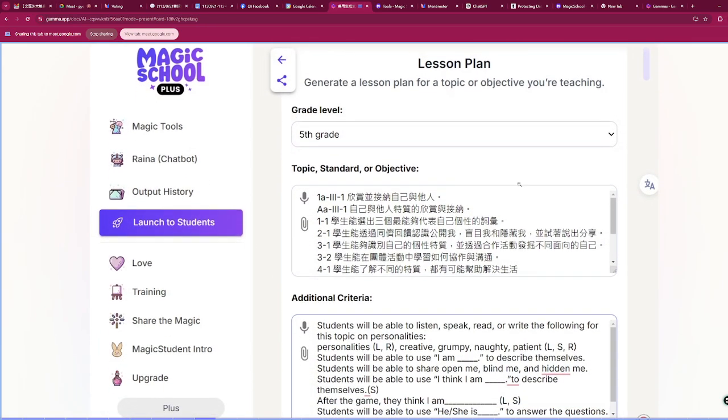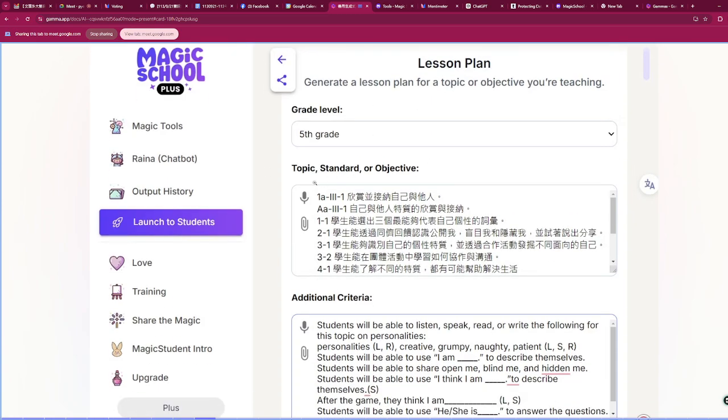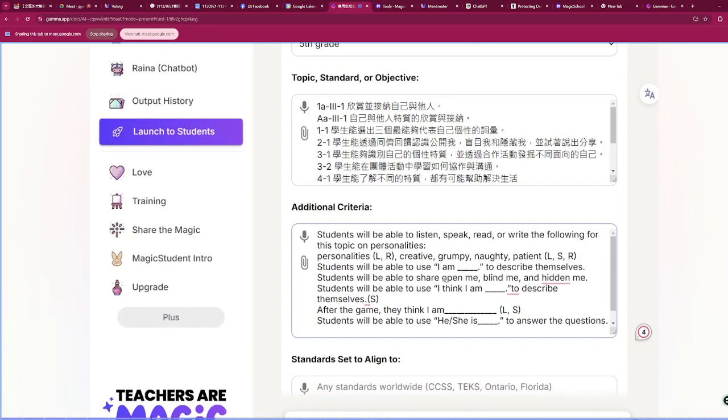And this is what it looks like. What I would do is put down the topics, standards, and objectives. Objectives are listed here. I copied and pasted the list of objectives from this lesson plan and also added additional criteria. For the additional criteria, I focused on the language learning objectives.